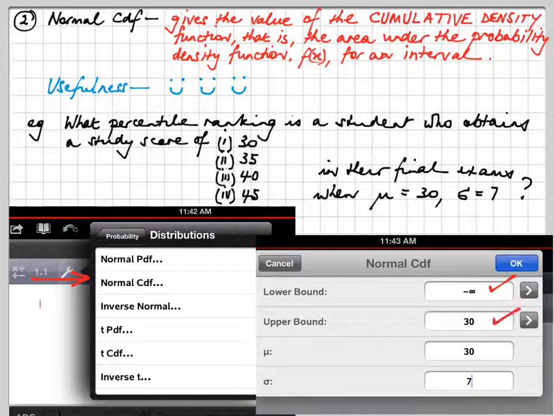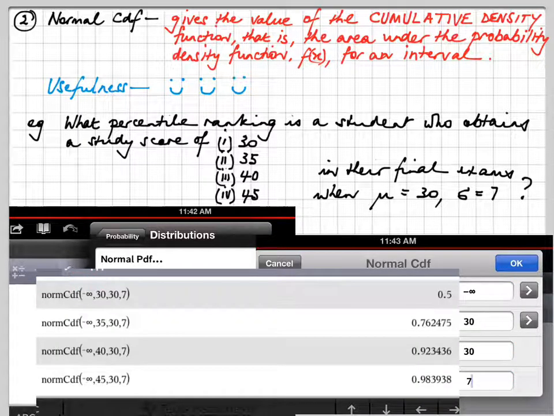There's the lower bound, upper bound. Mu's 30, sigma is 7. What do you get? That first one there in that list, you get 0.5, which is the 50th percentile. So you're exactly in the middle, with a study score of 30, okay?